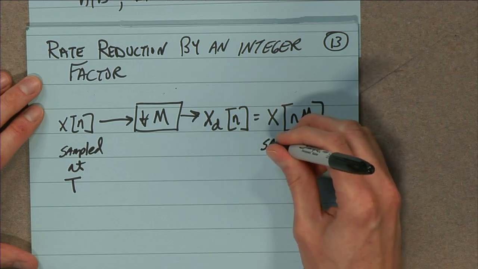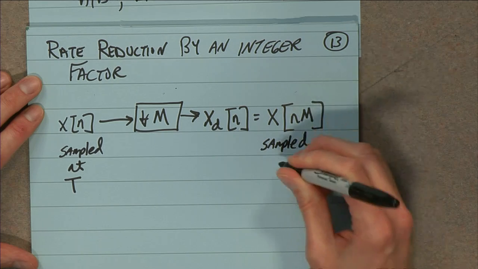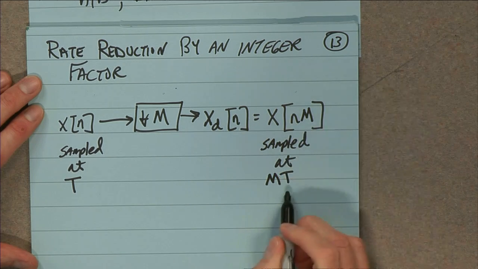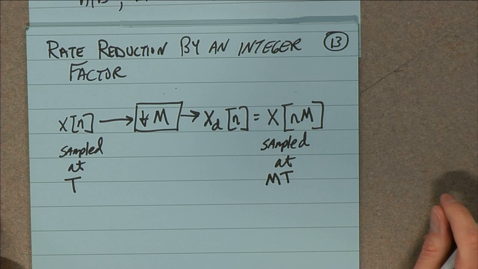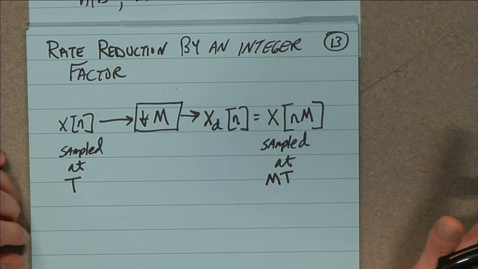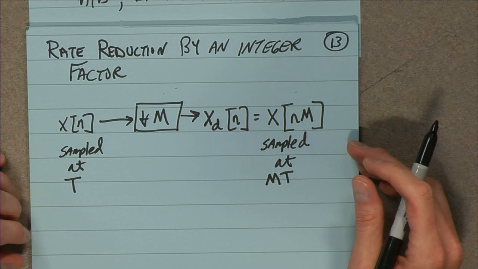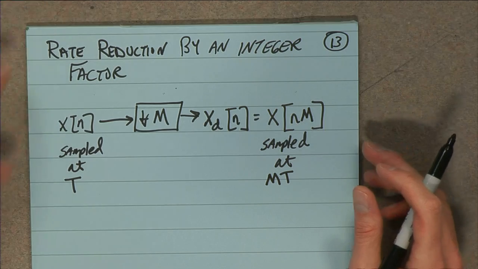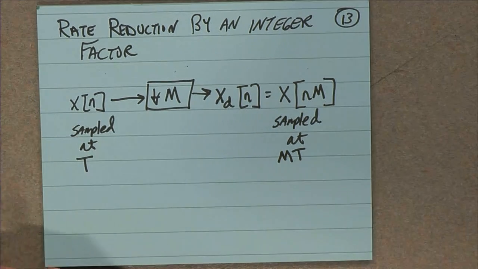And this one is sampled at some integer factor times T. And typically this whole process is just referred to as downsampling, which typically includes any required filtering, which we'll talk about.